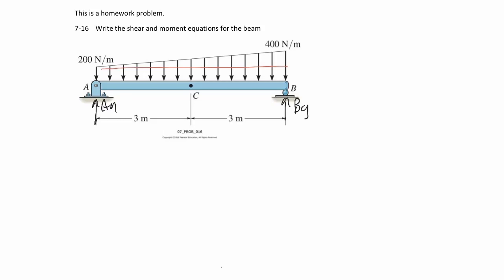But if we want to find things as a function of x, we draw a little section and draw a free body diagram. In this case, I have a uniform load on top of a triangle load. You'll find AY, shear, and moment.